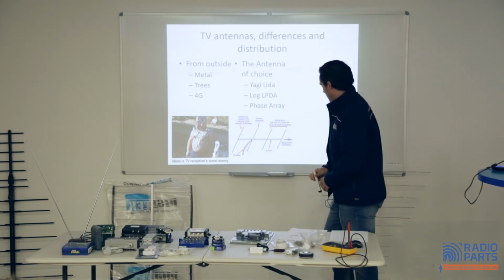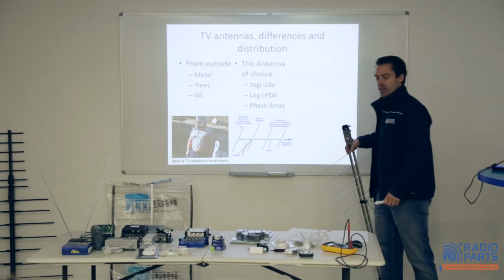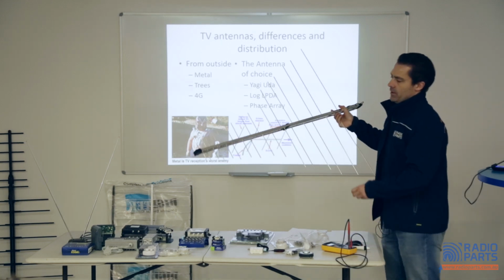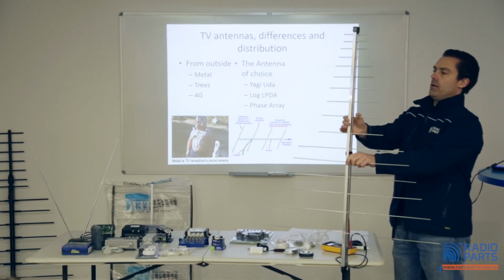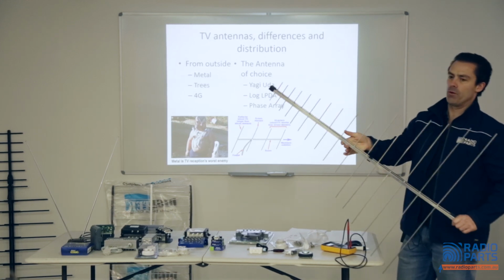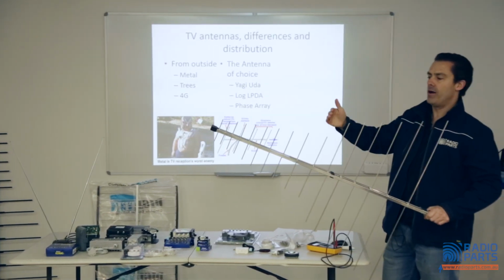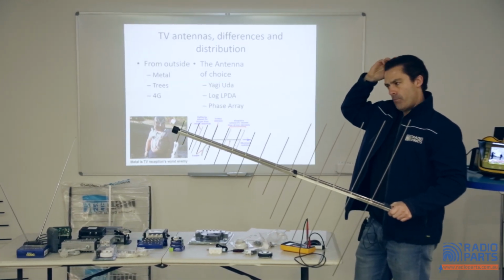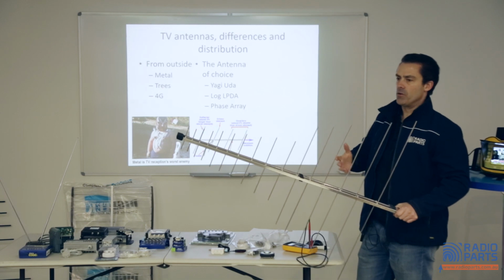Built well, huh? Log periodic, you're seeing a lot more logs these days because these guys are very wide band. So you can have your band 3, 4, 5, so pretty much a whole spectrum. Band 2, you've got FM radio on band 2.